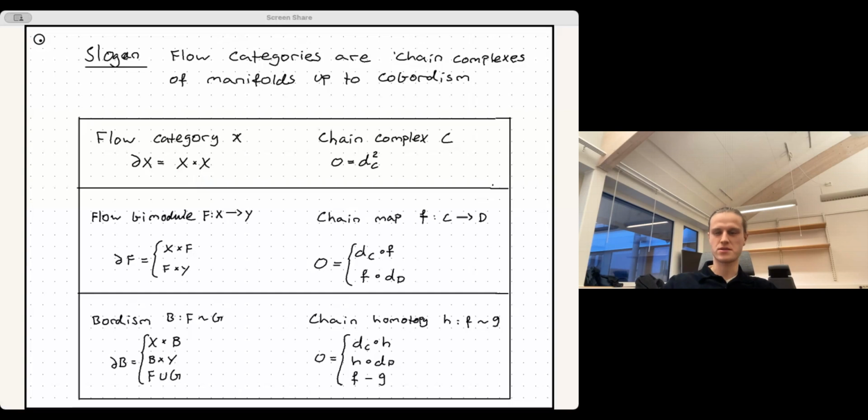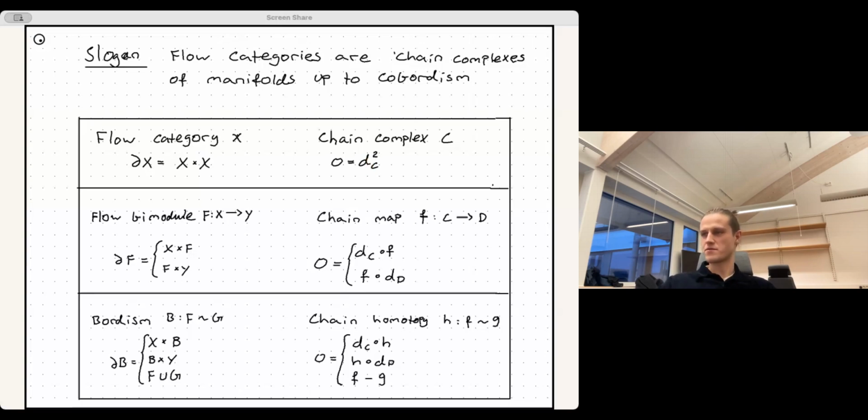And if we try to port this over to the chain complex side, especially the proof that the Morse chain complex is actually a chain complex, it uses precisely this fact to say that if I take x times x, which should correspond to doing the differential once, doing the differential twice, then I get something which is the boundary of a manifold, which means that it's 0 in the cobordism. This term here is now 0 in the cobordism category because it is the boundary of something. So this is like the flow category version of d squared equals 0.